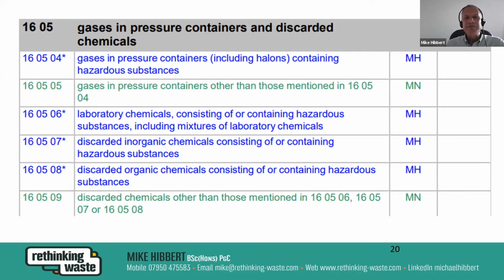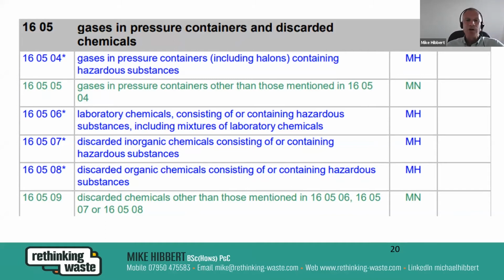Okay, so let's have a look in a bit more detail, specifically at laboratories. Depending on what you're doing, most laboratory chemicals will fall under Chapter 16, any other wastes. When we interrogate the tables, we end up at 160506, that's laboratory chemicals consisting of or containing hazardous substances, including mixtures of laboratory chemicals.